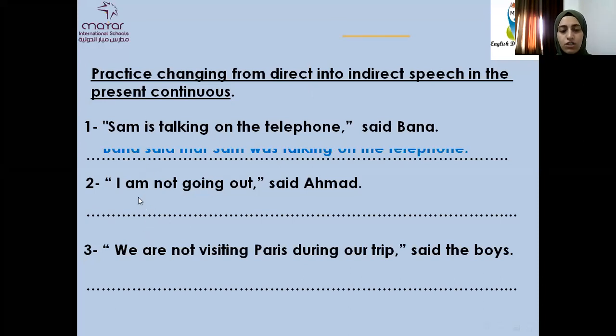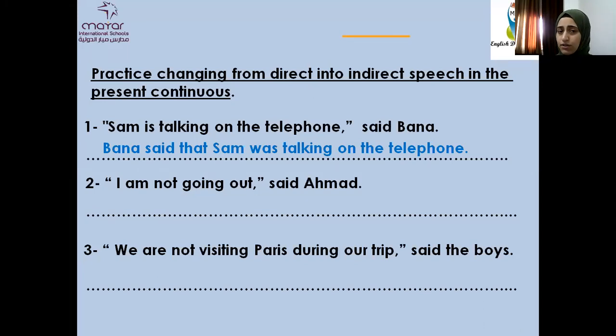Is and am are changed into was, are is changed into were. And for the pronouns, you only change the first person and the second person pronouns. If I have in the sentence she, he, it, you don't change them, all right? Let's see who's gonna do this one. Raise your hands if you want to answer.